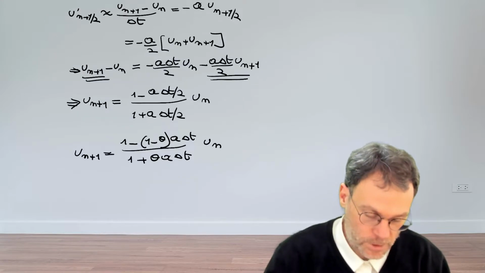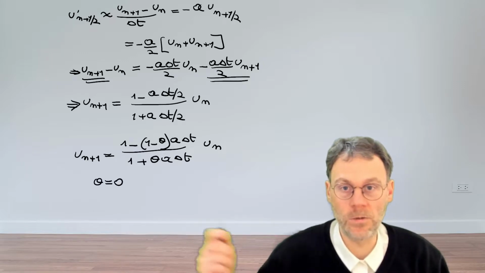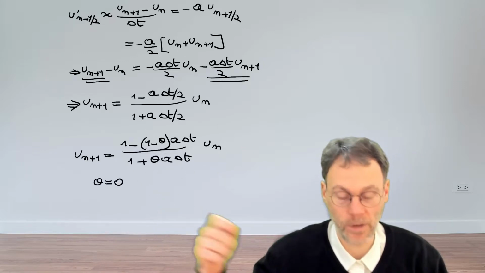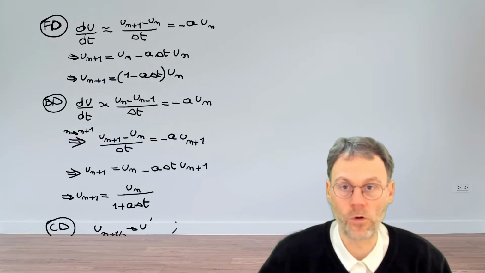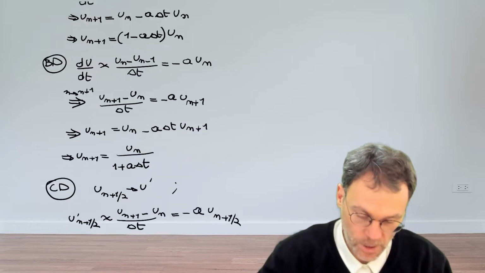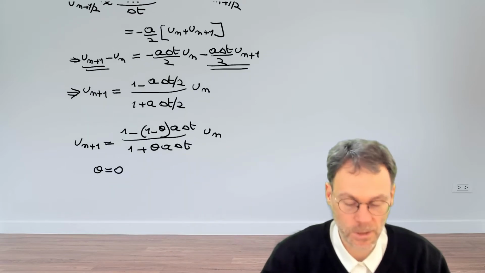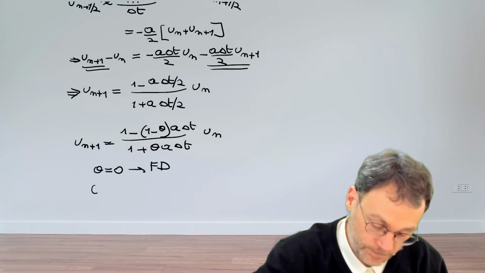Let's see what happens when theta is equal to 0. If theta is equal to 0, we basically don't have a denominator, we only have a numerator. Going back to our forward difference case, this is indeed what we have there. So theta equal to 0 corresponds to the forward difference case.